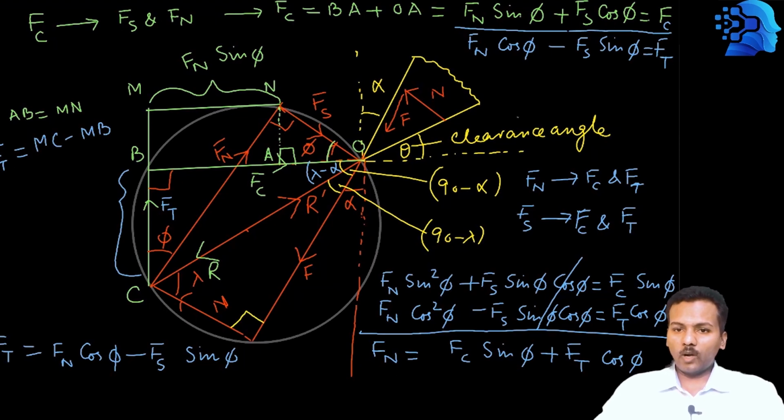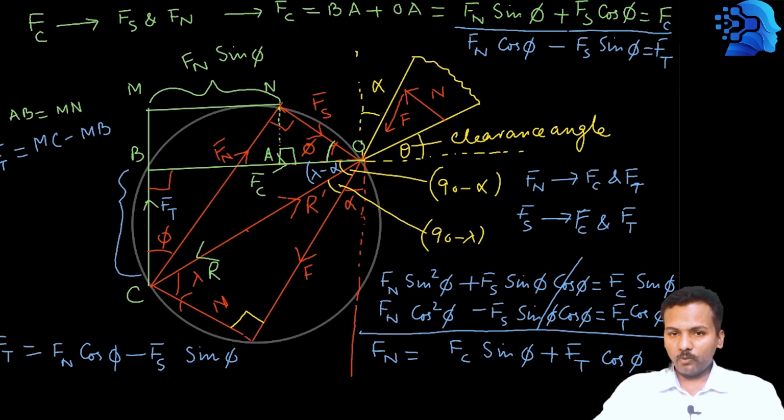Similarly, if you want to calculate here this Fs term, then you again have to make this Fs cos square phi, this you have to make Fs sin square phi. Now you have to take the difference between the two equations, then you will get the value of this Fs.